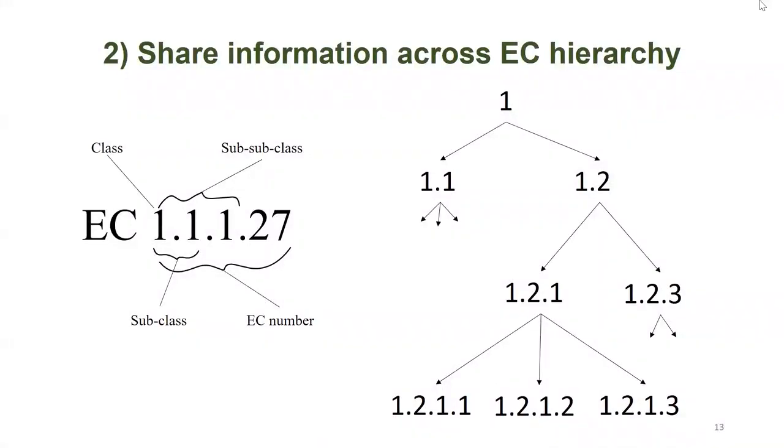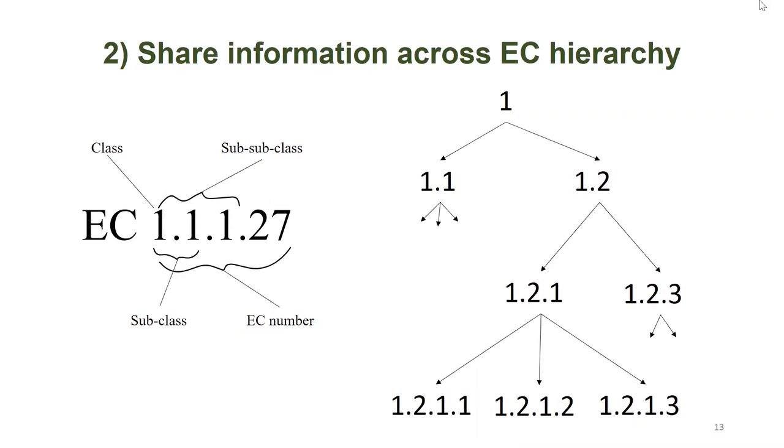The second contribution was exploiting the hierarchical classification of enzymes. Enzymes are universally classified by the Enzyme Commission classification, which assigns to each enzyme a unique identifier called an EC number. It's composed of four individual numbers separated by a period, and each number represents a higher degree of specificity of enzyme function.